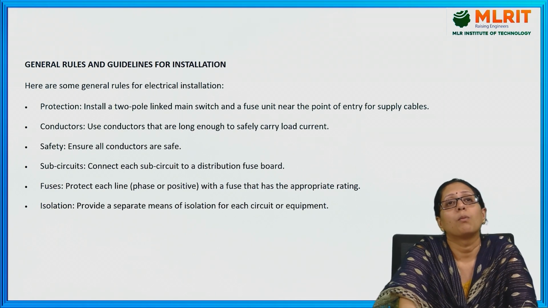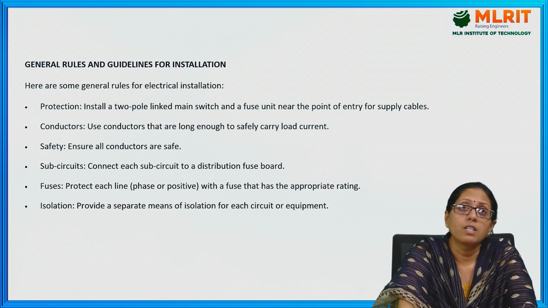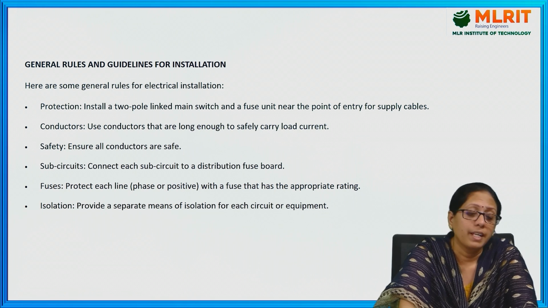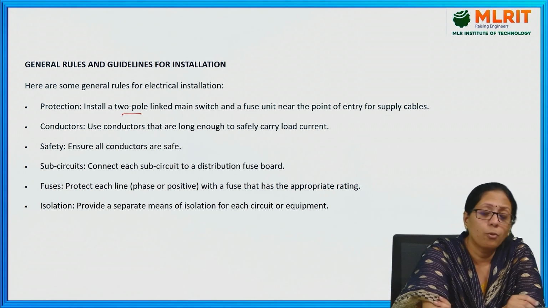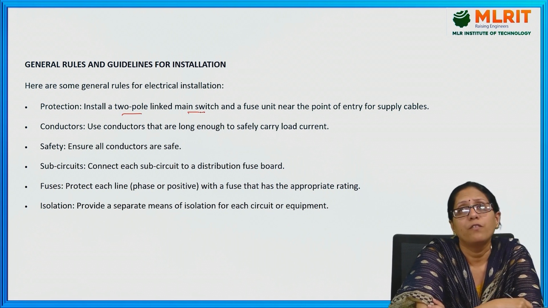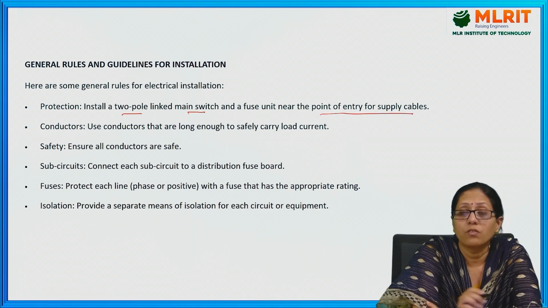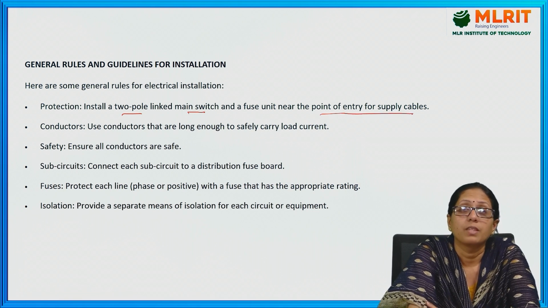These are some of the rules and guidelines. Like, the first one is protection. Install a 2-pole linked main switch and a fuse unit near the point of entry of the supply cables. That is near the entry point.